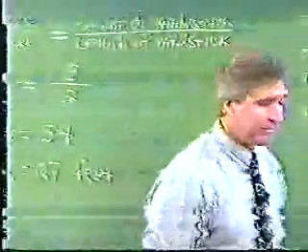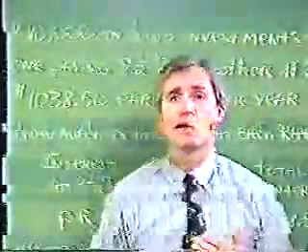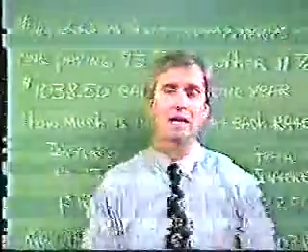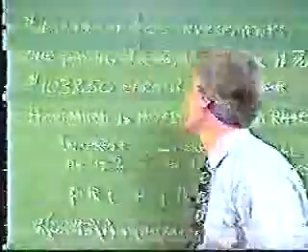Take a look at this problem. Here's one involving interest. A lot of times word problems lend themselves well to a verbal model that is given by or suggested by some kind of formula. And here is such a problem.